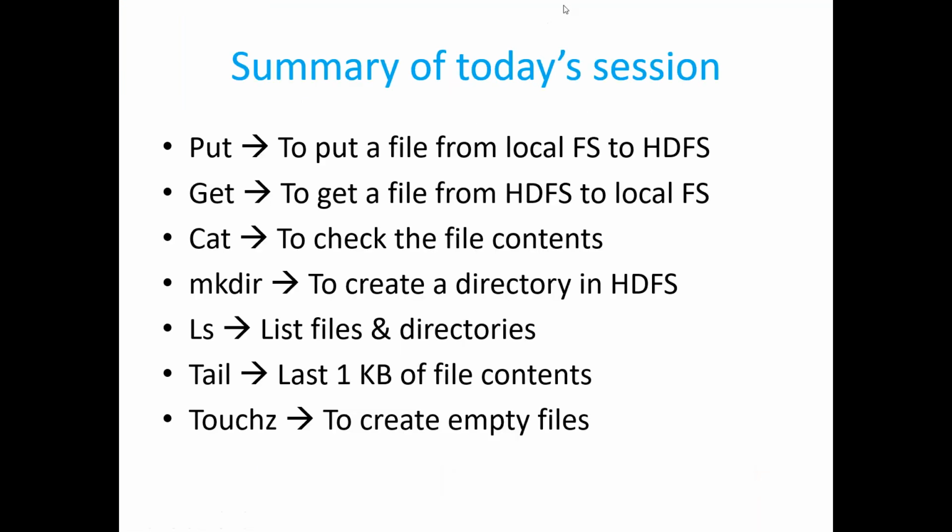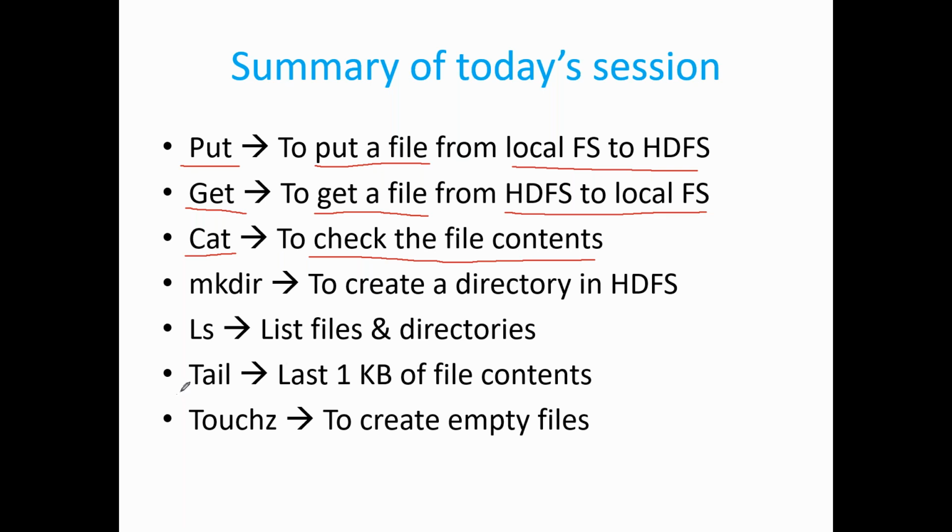Okay, so let me summarize what we learned in today's session. We spoke about the put command, which is used to copy a file from your local Linux file system to HDFS, and the get command is the opposite of put. It is used to get a file from HDFS to the local Linux file system, that is, to copy the file from Hadoop to Linux. The cat command can be used to check the contents of a file, but don't use cat because that will display everything from a file.